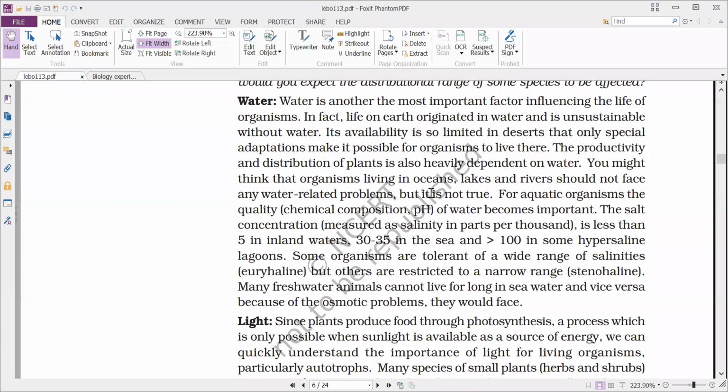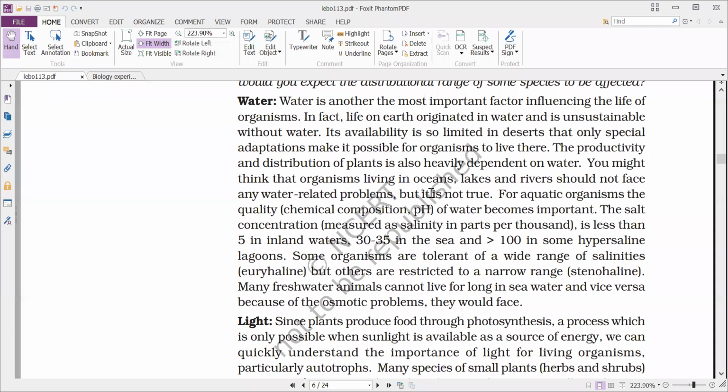High salinity means lower water potential or lower water concentration. You might have studied in your chemistry, always the molecules will move from a higher concentration to lower concentration. Here, in case of organisms which are living in ocean or sea, the organism body is having a higher water concentration, whereas the ocean water is having a lower water concentration because of high salinity.